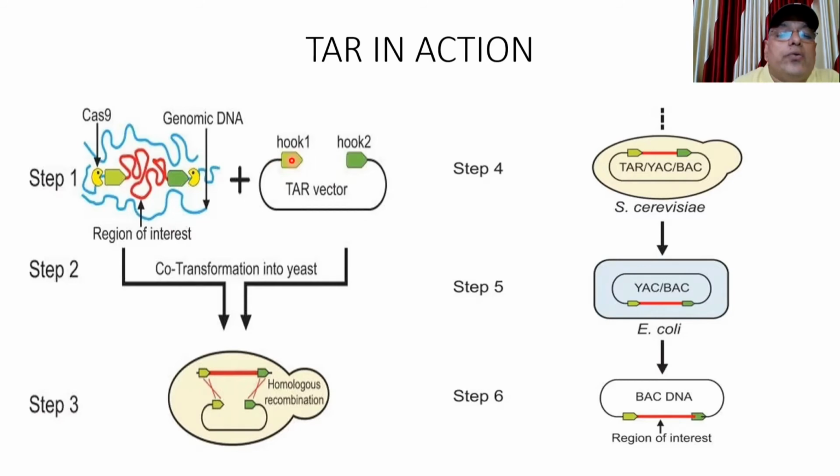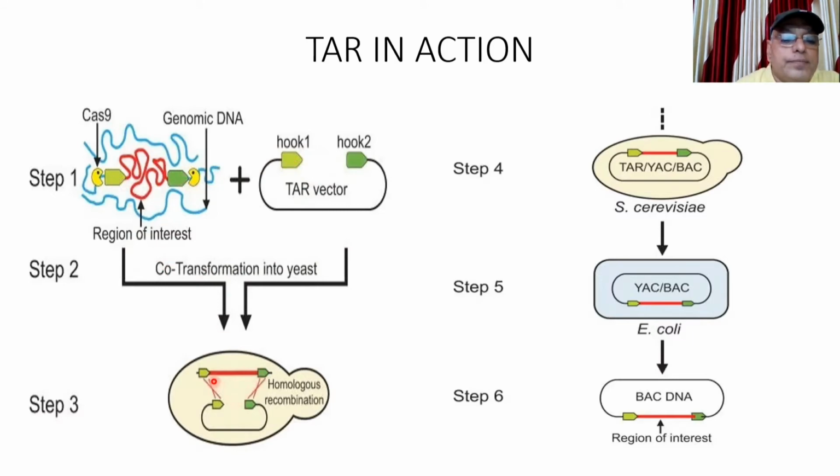So these hooks can recombine to these two ends. They are compatible. They can very much identify these two ends and get attached. So this is the TAR vector. We have got hook 1, hook 2, and when we put these in the system, this TAR will get attached.